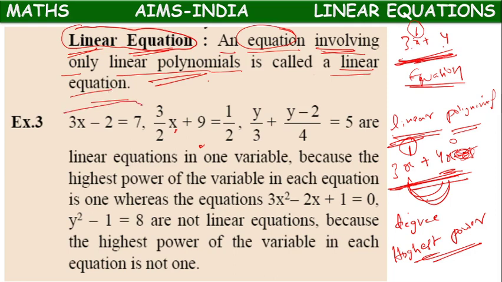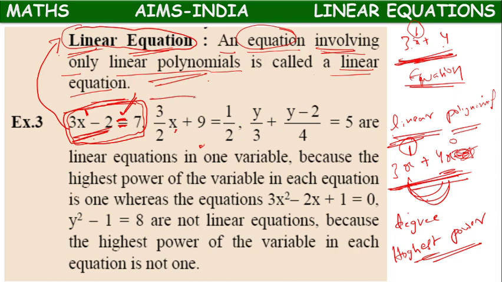Suppose you observe this example, 3x - 2 = 7. As we have equality, it is an equation. Here in 3x - 2 the highest degree is 1, so it's a linear polynomial. So 3x - 2 = 7 can be considered a linear equation.